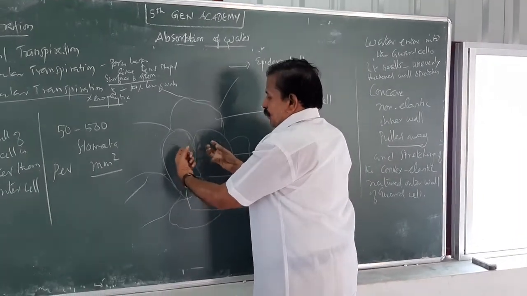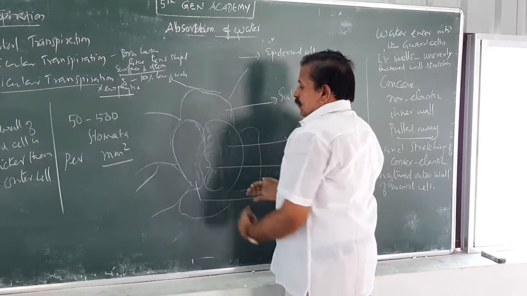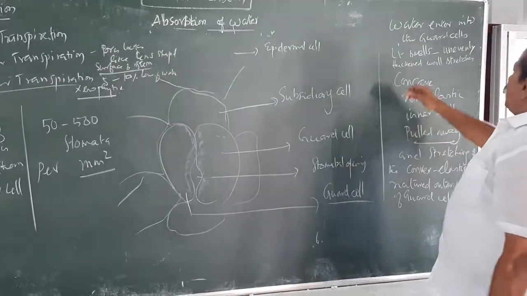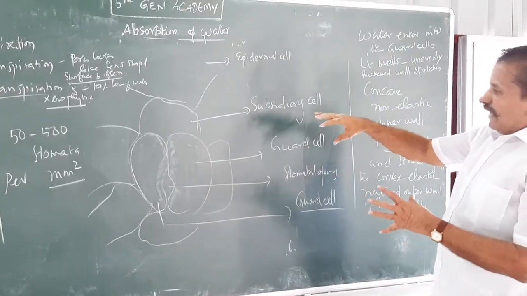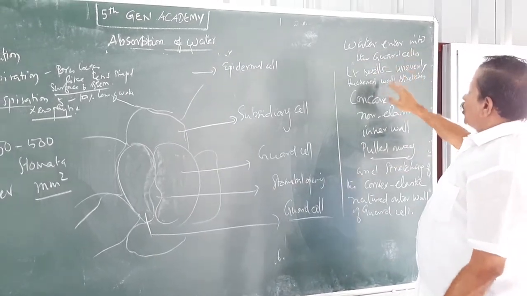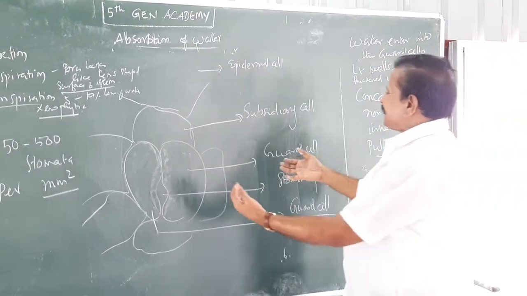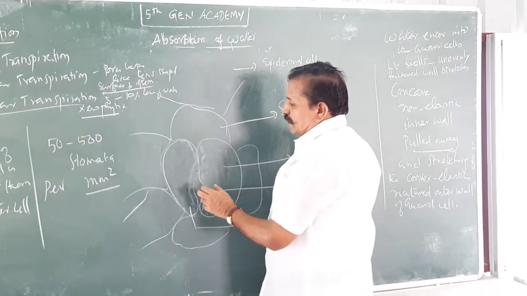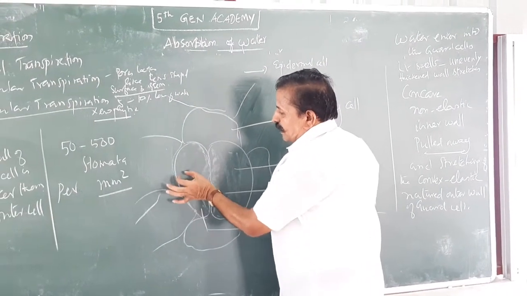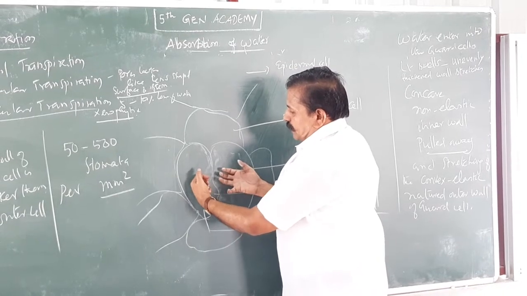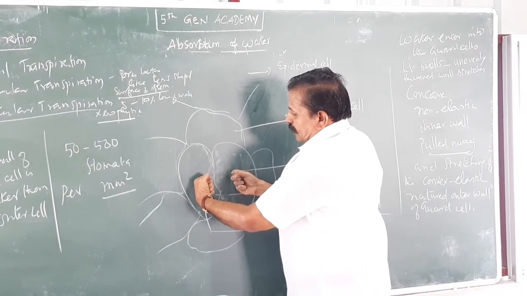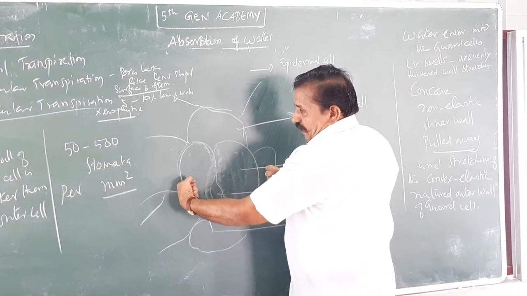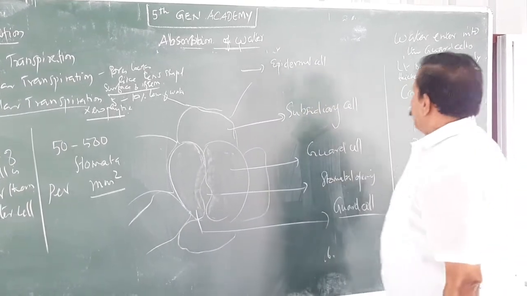What happens after absorption? The inner wall and the outer wall are both affected. When water enters the guard cell it swells, and the unevenly thickened wall stretches, thick here and thin there.